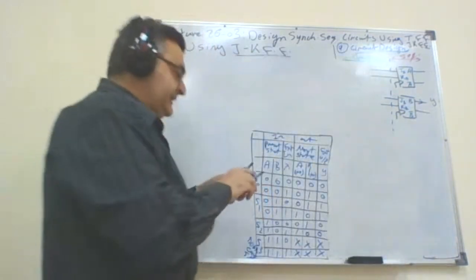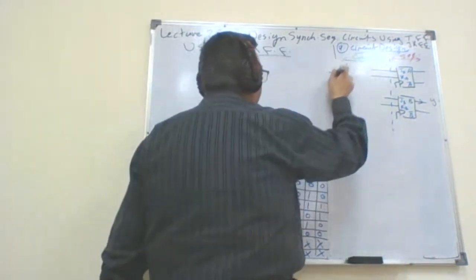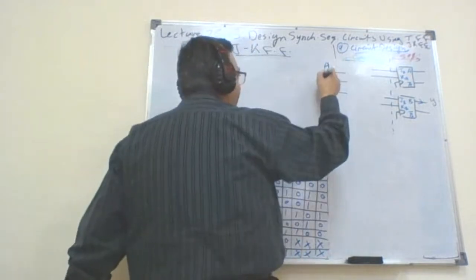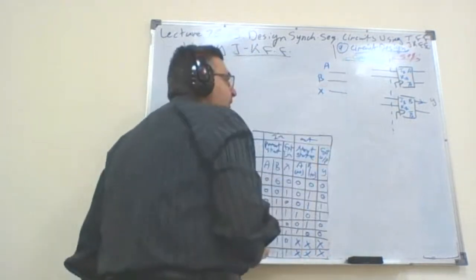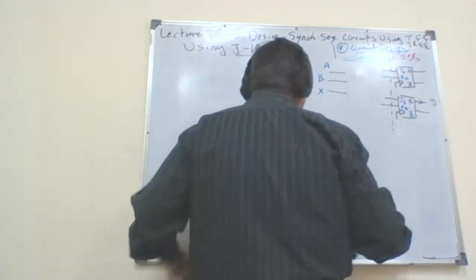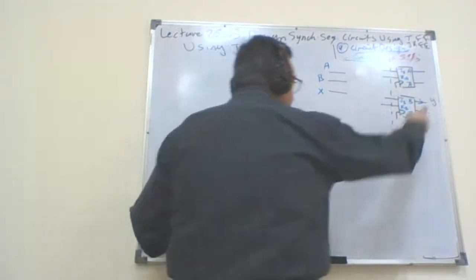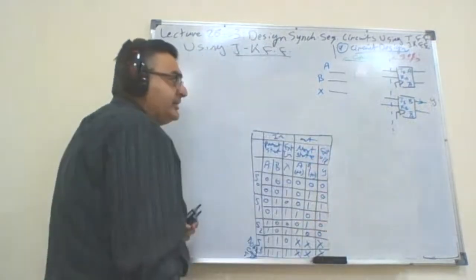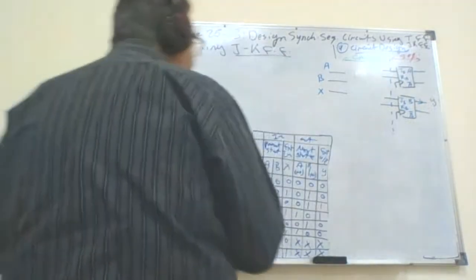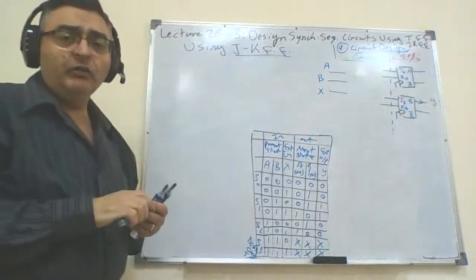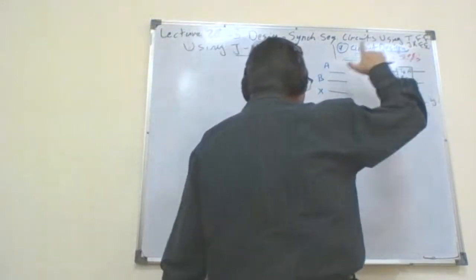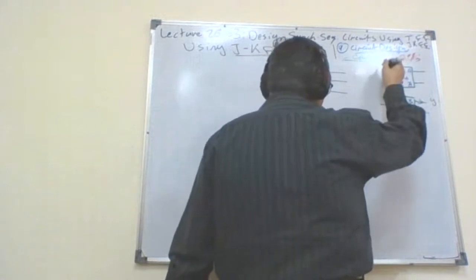So still the inputs for the combinational are A, B, and X. But right now, the outputs of the combinational are Y, which is already designed. I want to design a new set of intermediate inputs for the sequential, outputs for the combinational.